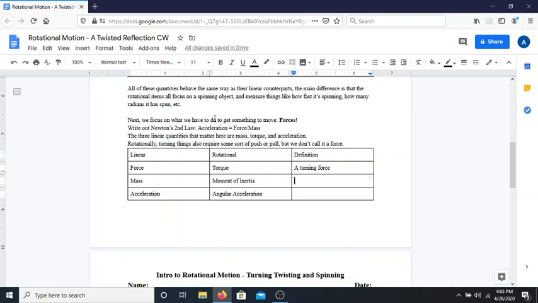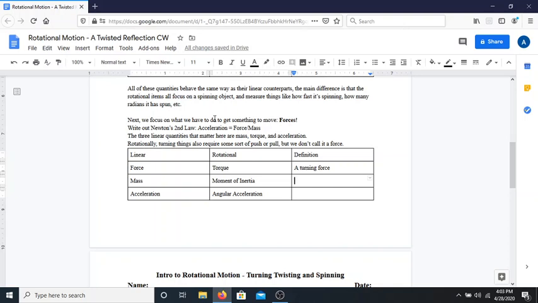Now, mass. You would think that mass would be the same regardless. But actually, for rotational motion, for things that are rotating, there's a little bit more to it. And in fact, we don't just talk about the mass of an object that's spinning. We talk about something referred to as its moment of inertia. And this is a very strange concept that we're going to go into much more detail when we talk about Newton's second law for rotation.